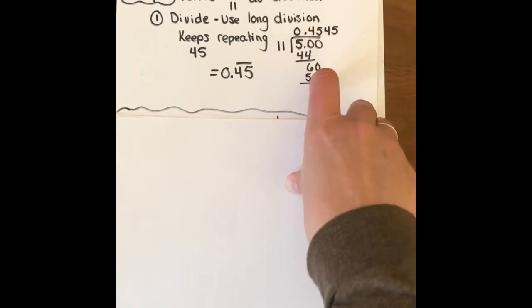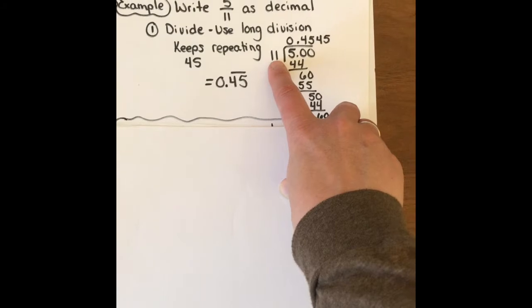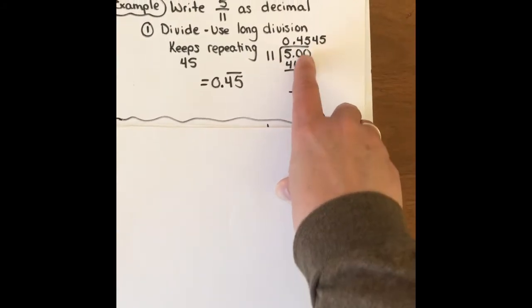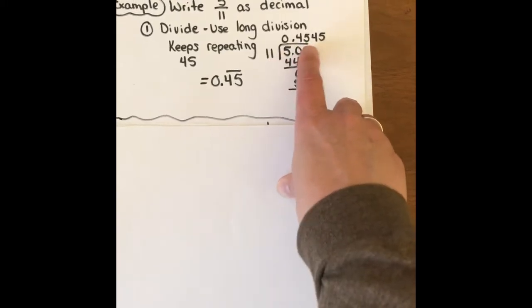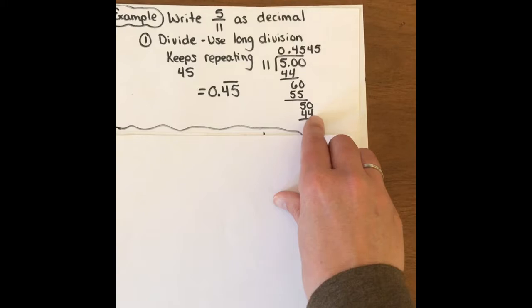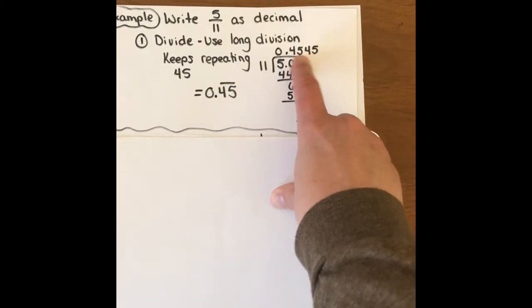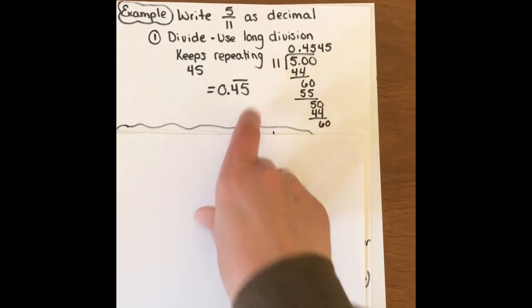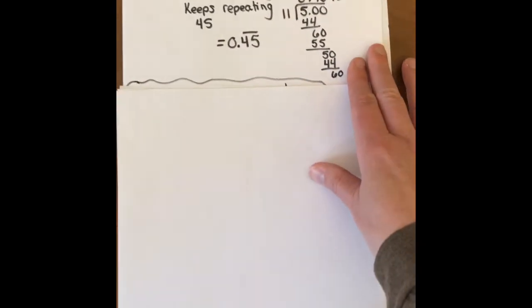My decimal goes up to the top of the bar. 11 goes into 50 4 times. That's 44. I get 6 left over. I bring down a 0. 11 times 5 is 55. I get 5 left over. Bring down a 0. And it keeps repeating the 4, 5, 4, 5. So this one would be 0.45 repeating as the decimal. And you could do that on your calculator as well.